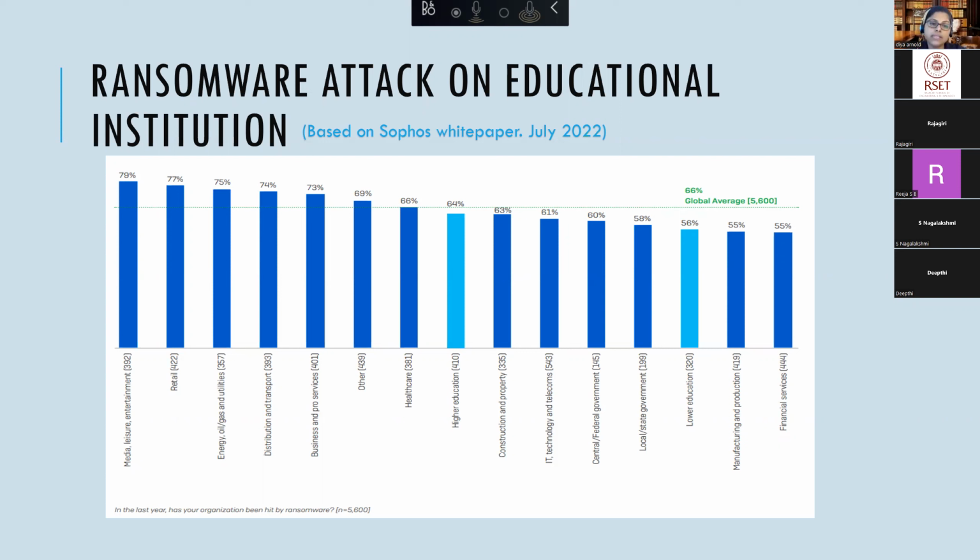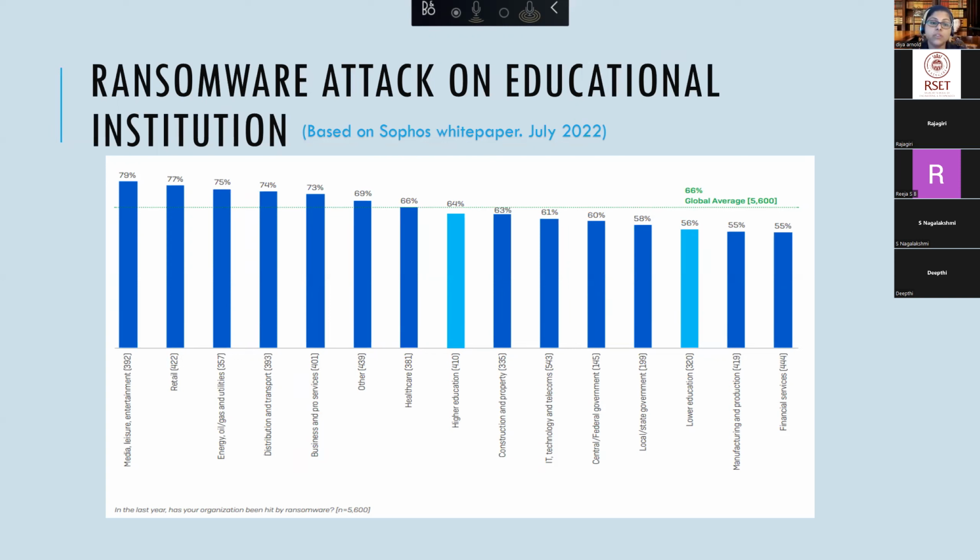Now, if you look at this statistics, the light blue color shows the higher education, and the other shows the lower education statistics. It shows the percentage of higher and lower education institutions that suffered a cyber attack due to ransomware in the last year.